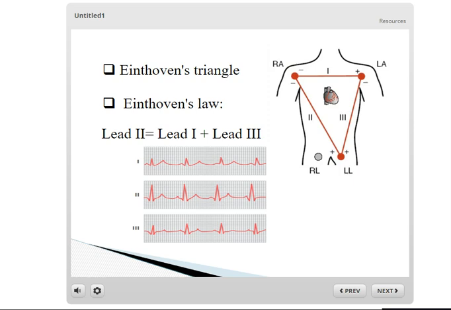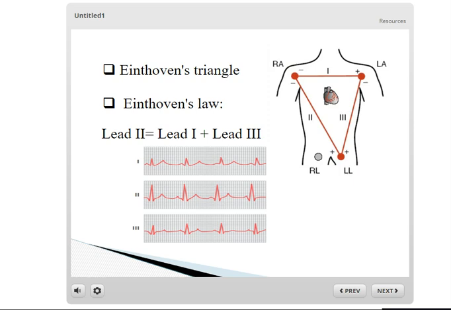This relationship is based on the fact that the three limb leads 1, 2, 3 form a triangular configuration known as Einthoven's triangle. The vertices of this triangle represent the locations of the three limb electrodes: right arm, left arm, and left leg.